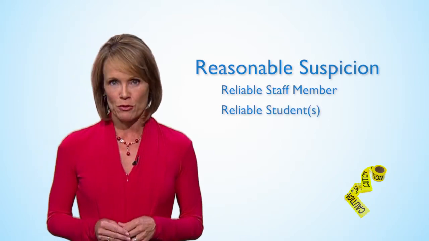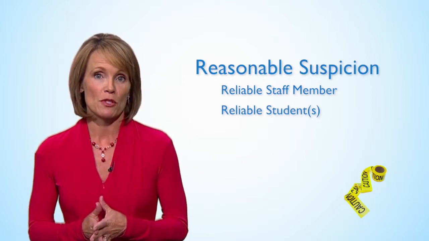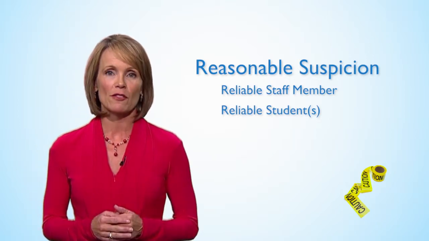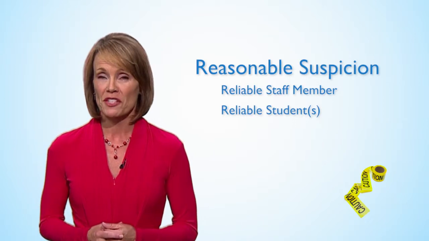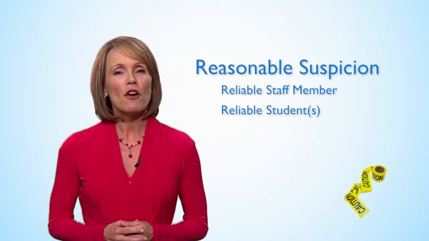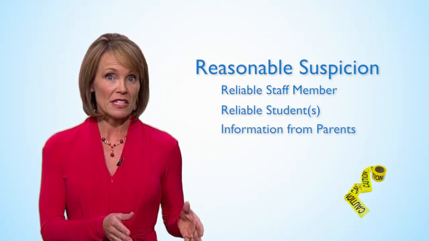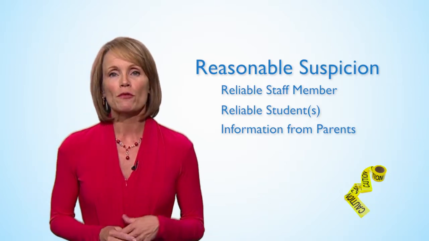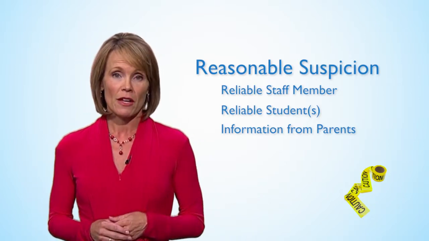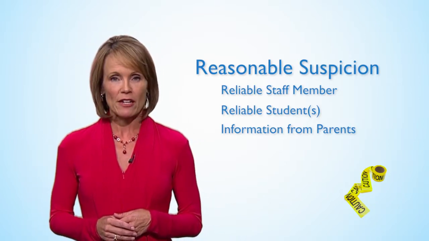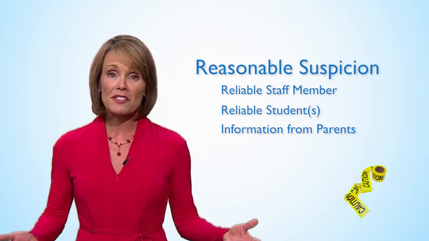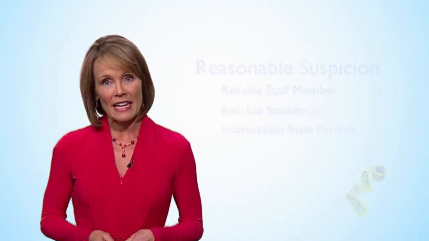A reliable student, or better yet, a group of students reporting specific detail of a problem constitutes reasonable suspicion. A phone call from a parent with specific details. Say, for example, during a routine search of her own child's phone, the parent discovered information sent from another student. This is reasonable suspicion. In these cases, administrators may conduct a limited search of the device in question.